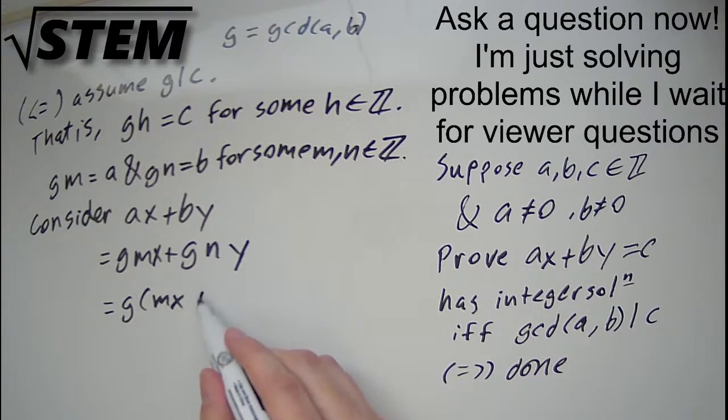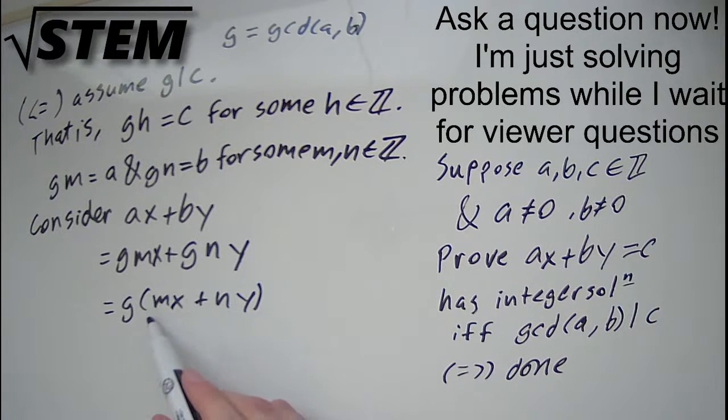M times X plus N times Y. Once again, by closure, this is an integer. I believe that might do it. Maybe.